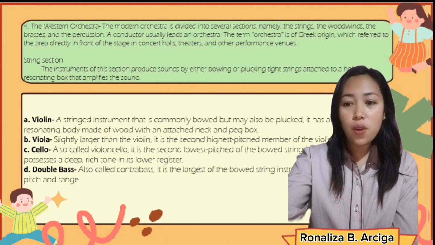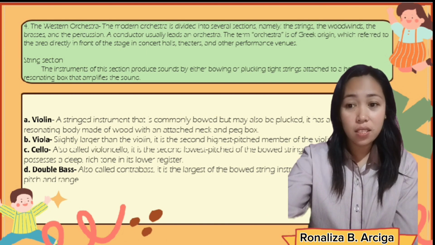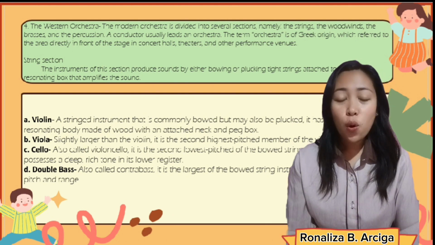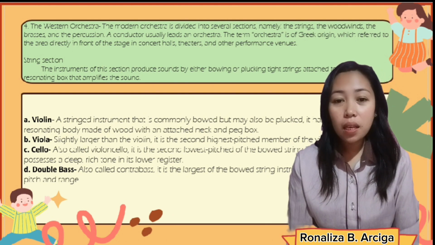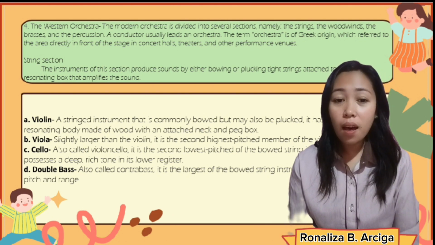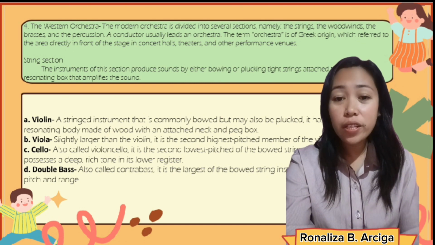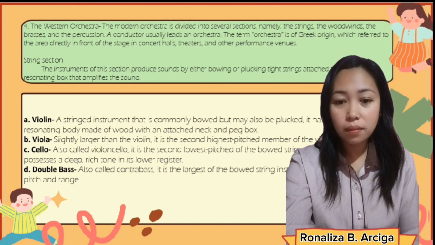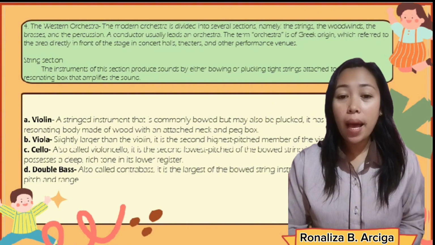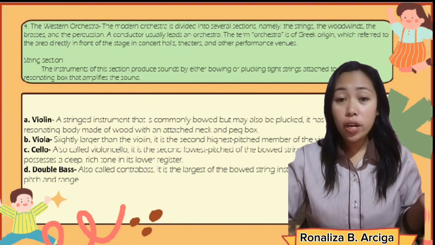The term orchestra is of Greek origin, which referred to the area directly in front of the stage in concert halls, theaters, and other performance venues. Kung napapansin nyo, ang mga instrumentong ito ay nakakategorize according sa kanilang build. Piniplay ito by plucking or bowing.